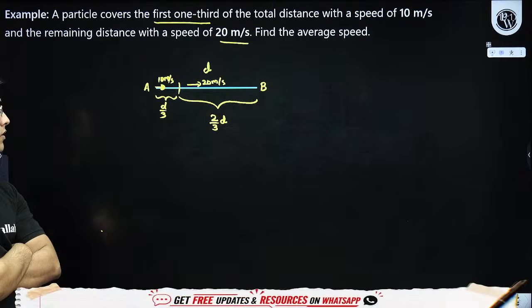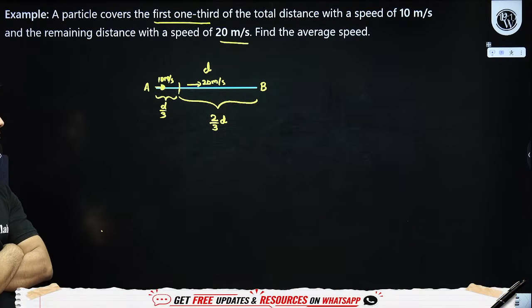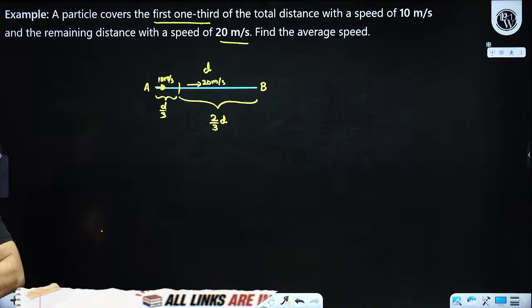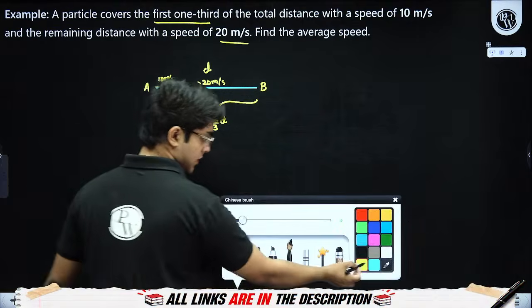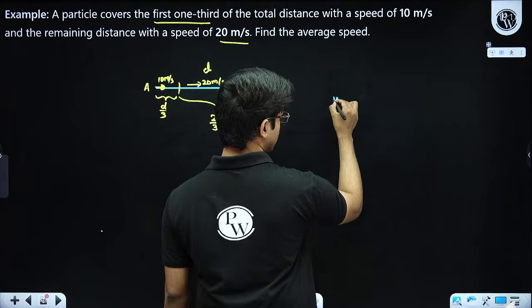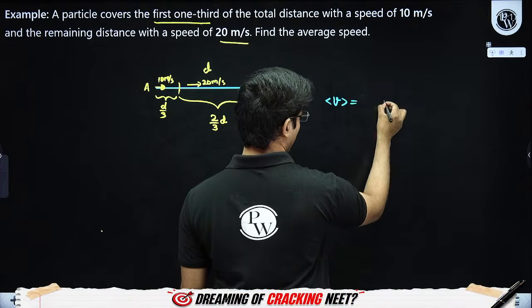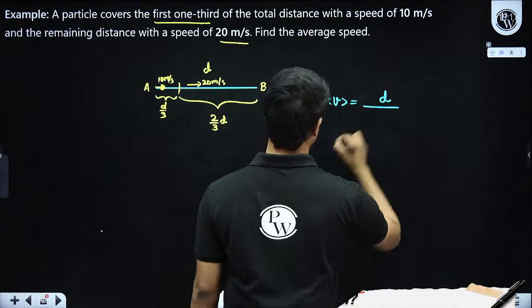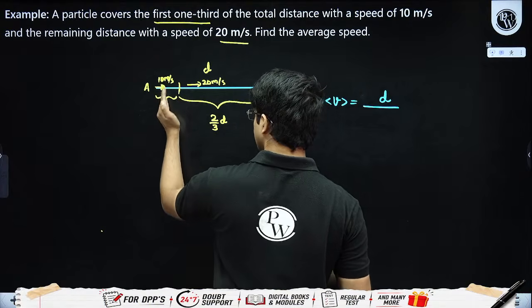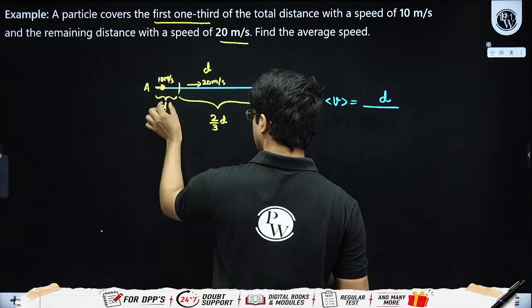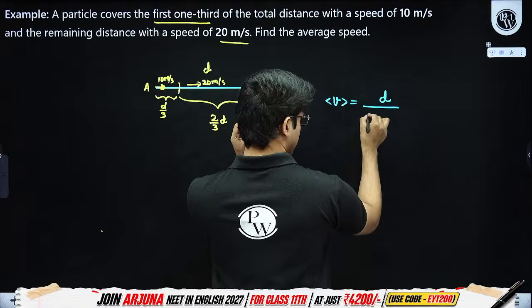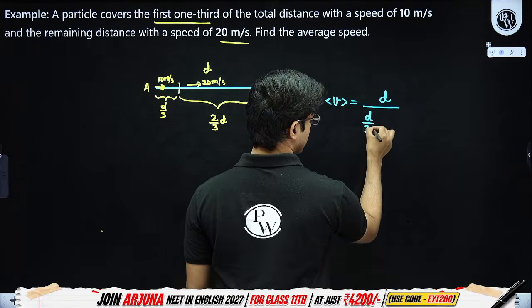15. Yeah, so here this is similar to the last one itself. Average speed is total distance D divided by total time. Time is distance by speed. So D by 3 divided by 10, so D by 30, right?